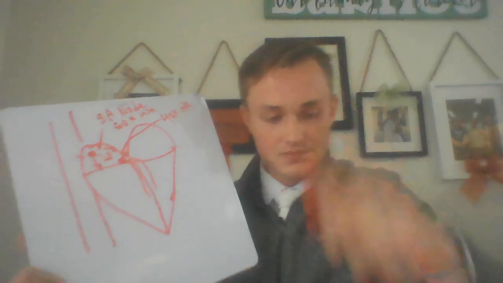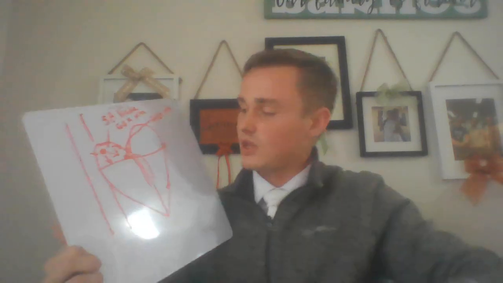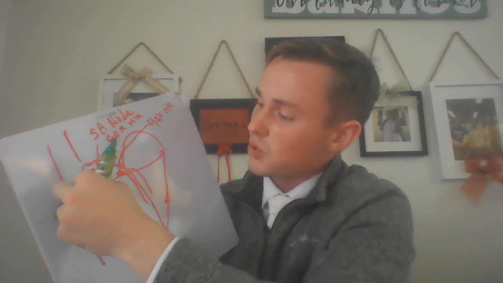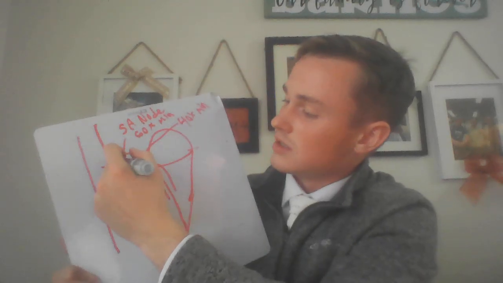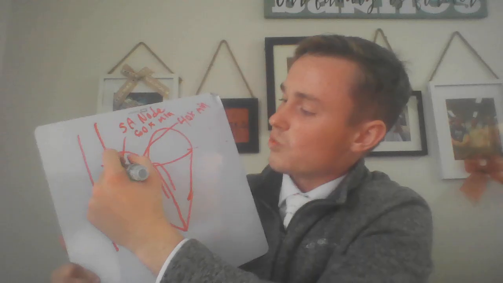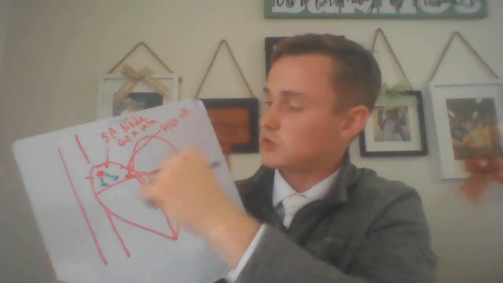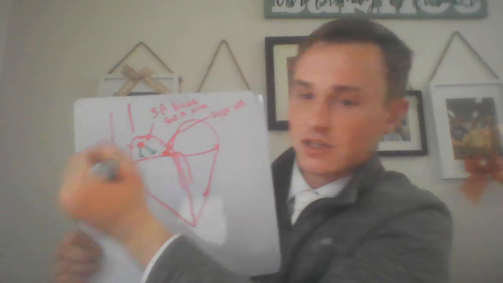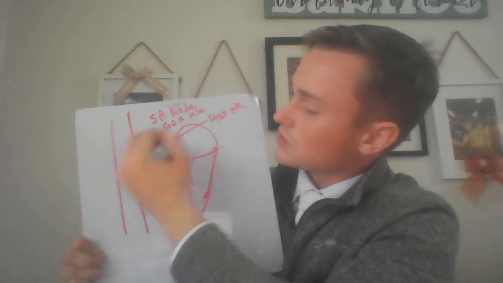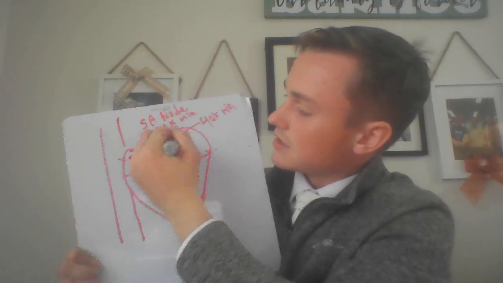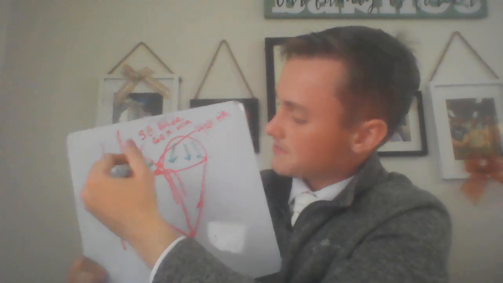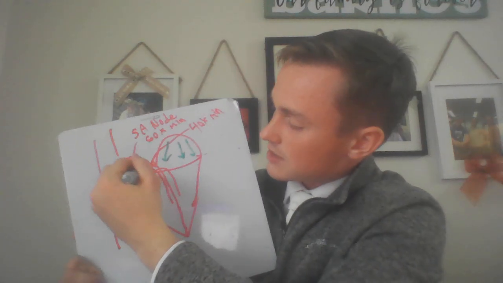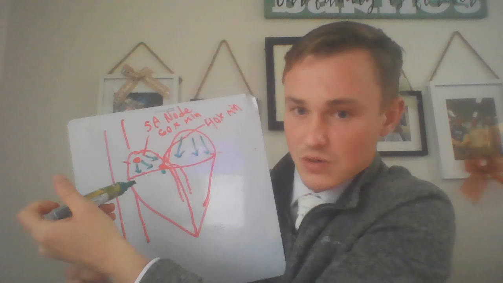Here I'll draw the arrows in a separate color so it's easier to see. When we have depolarization occurring, starting with our SA node, it goes from one patch of pacemaker cells to another patch of pacemaker cells. It goes in that general direction and fills up both atriums, and then ends right here with the AV node.